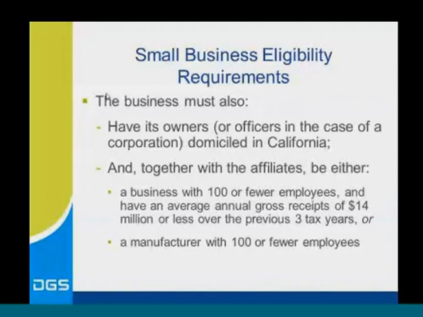And together with the affiliates, be either a business with 100 or fewer employees and have average annual gross receipts of $14 million or less over the previous 3 tax years, or be a manufacturer with 100 or fewer employees.